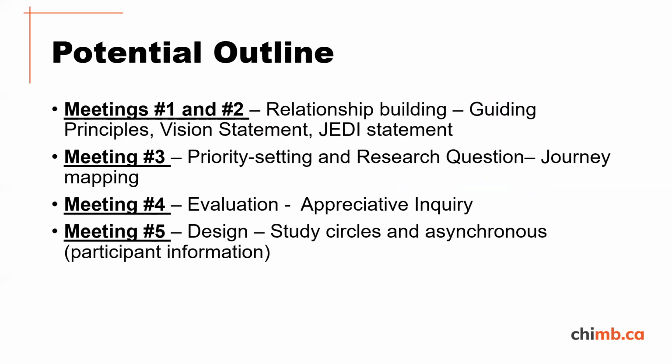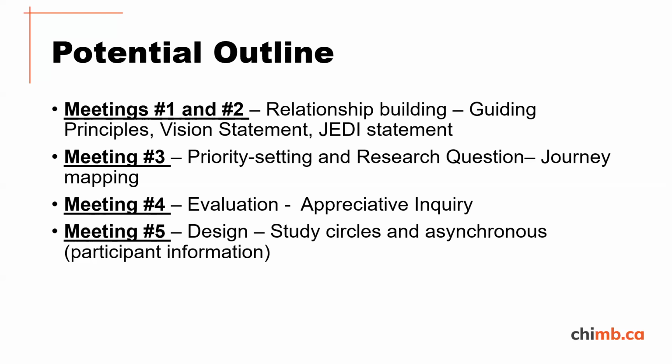And so this is what a potential outline for your advisory group might look like. I always say meetings 1 and 2 should be purely relationship building, which I know is a lot of investment, but I think investing in relationships at the early stages is really important.